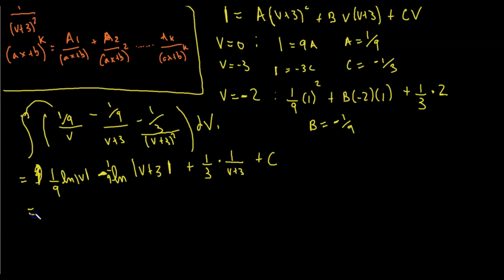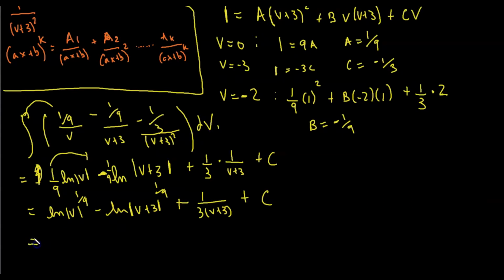So now we can simplify this further by bringing this to an exponent in front of the ln. So we get 1 over 9 ln of absolute value of v minus 1 over 9 ln of absolute value of v plus 3, plus 1 over 3 times (v plus 3), plus our constant.